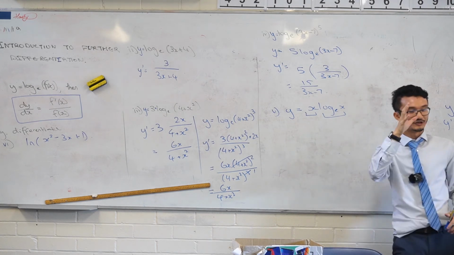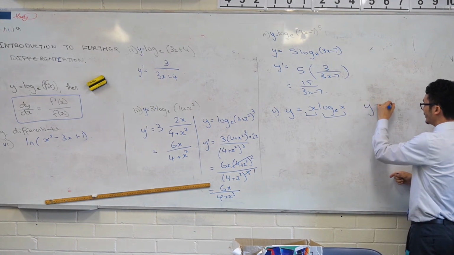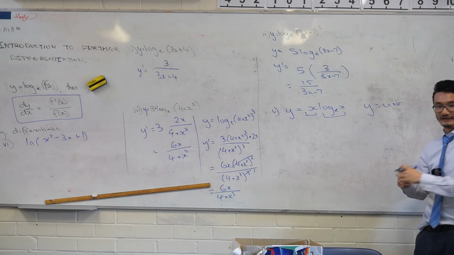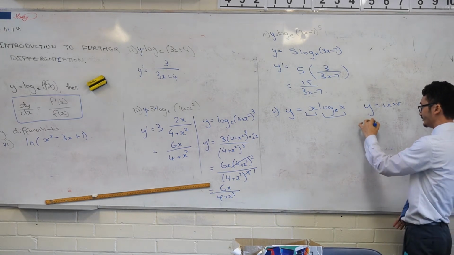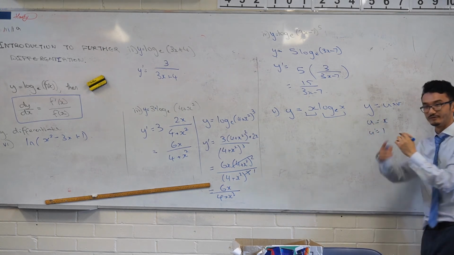That's how you know you have to use product rule. You've got two things multiplied together. So product rule was u times v. And if you like, you can always draw up that table. So u is equal to x, u dash is equal to 1, which is what Emily said.